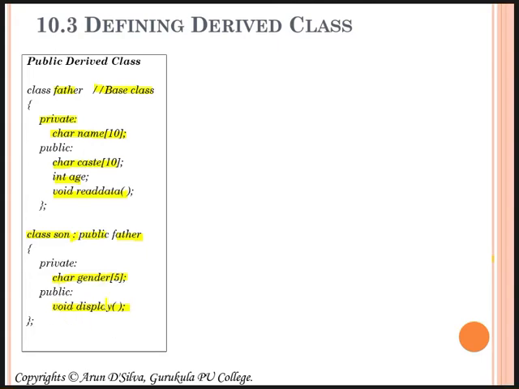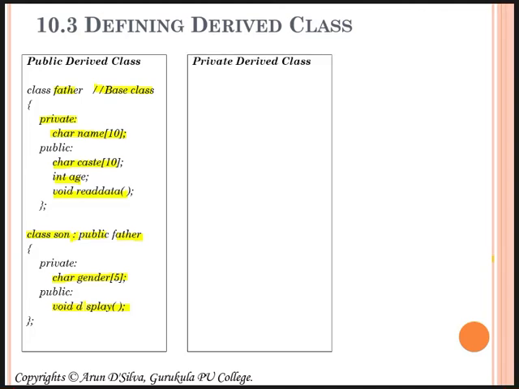The character gender and void display are the 2 new members for class son. And here the public mode is there, that means whatever is in the public section of the class father, I can make use of in class son.